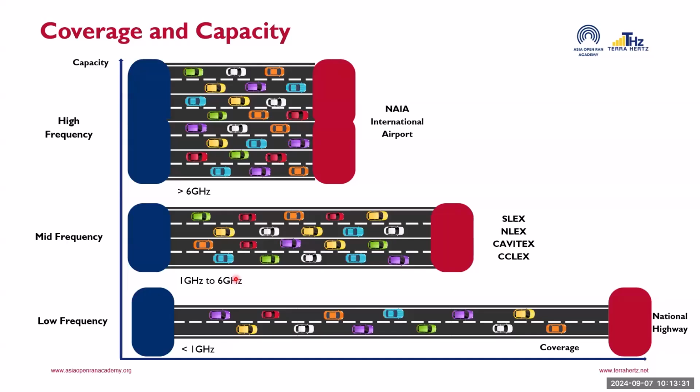However, the high frequency band is greater than 6 gigahertz. Those are the frequencies in the likes of millimeter wave, which ranges from 20 gigahertz up to 90 gigahertz on the recent specifications. So if we compare that in our analogy, it looks like NAIA International Airport.